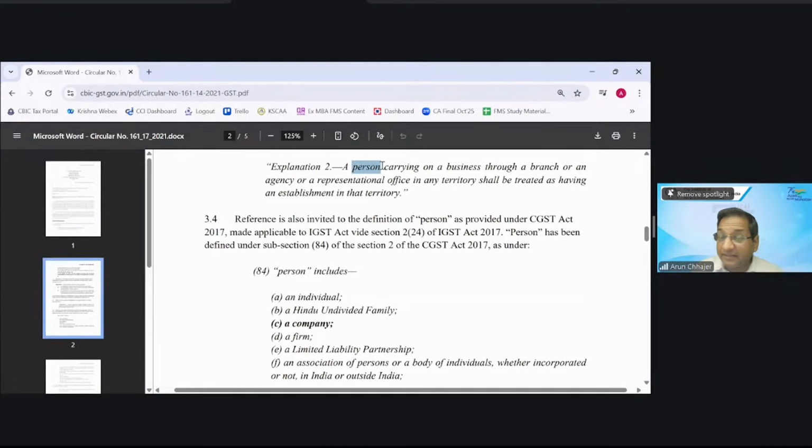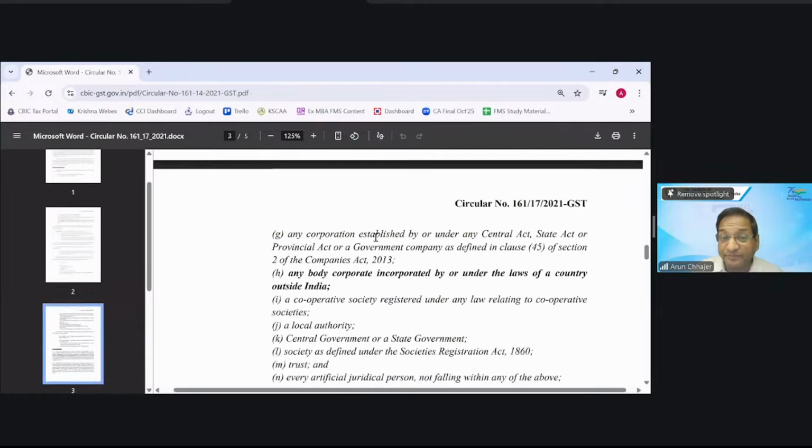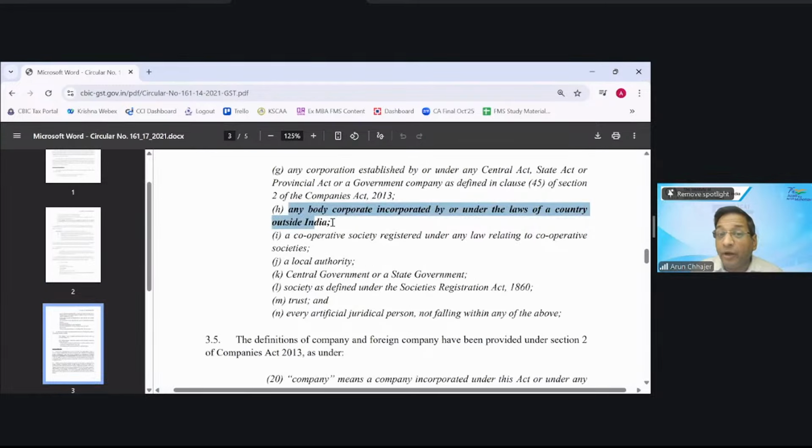See, a person carrying on the business through the branch, agency, or the representational office. And the word person has been further defined, which includes the company and body corporate incorporated under the law of a country outside India.